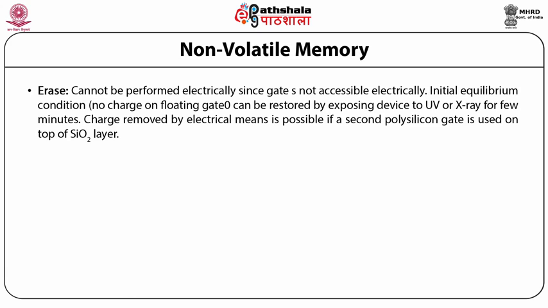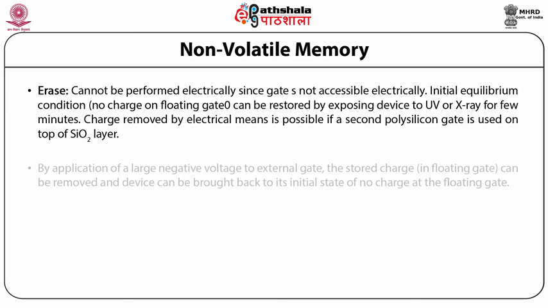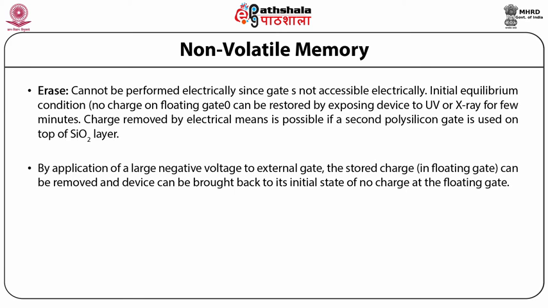Alternatively, the charge can be removed by electrical means, which is possible if a second polysilicon gate is used on the top of the SiO2 layer. By application of a large negative voltage to the external gate, the stored charge can be removed and the device can be brought back to its initial state of no charge at the floating gate.